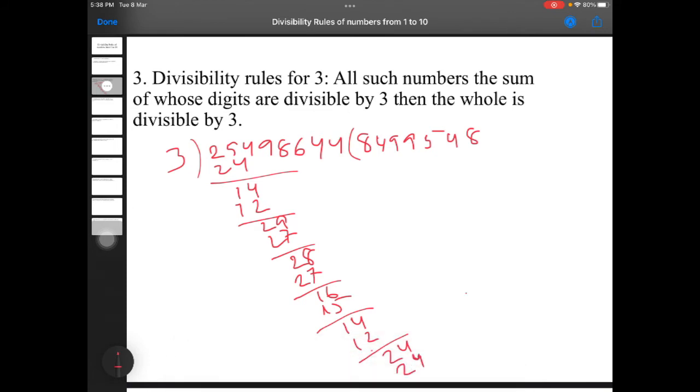So when we divide this number by 3, we get 8499548. So this number is divisible by 3.